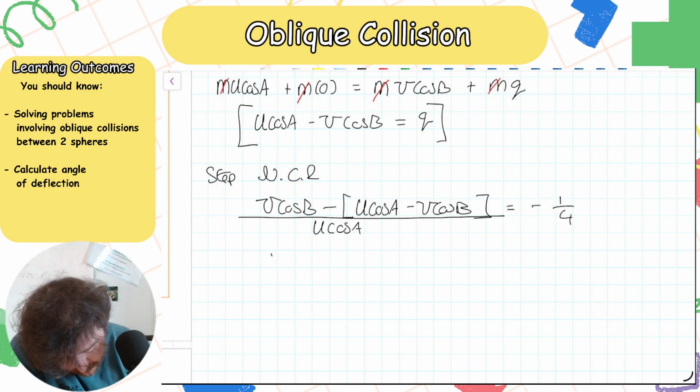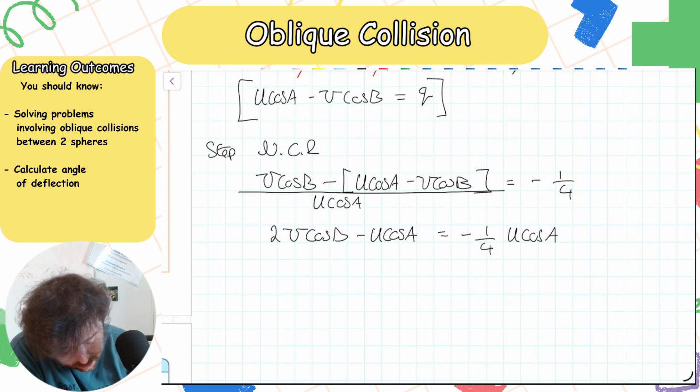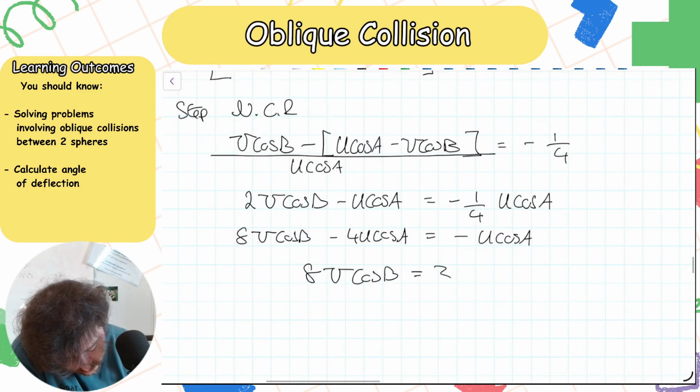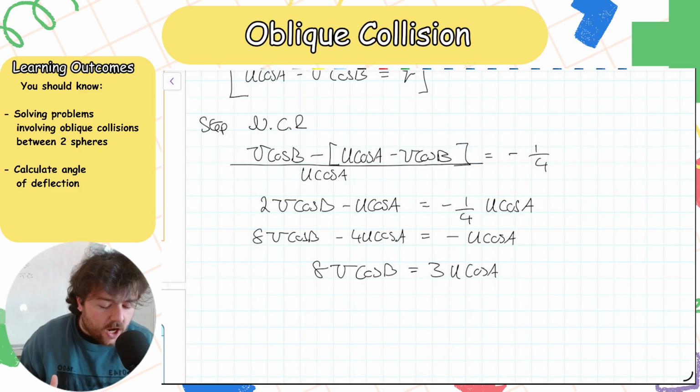On top I'm left with 2v cosine B minus u cosine A is equal to minus a quarter u cosine A. Multiply across by 4: 8v cosine B minus 4u cosine A is equal to minus u cosine A. So I'm left with 8v cosine B is equal to 3u cosine A.